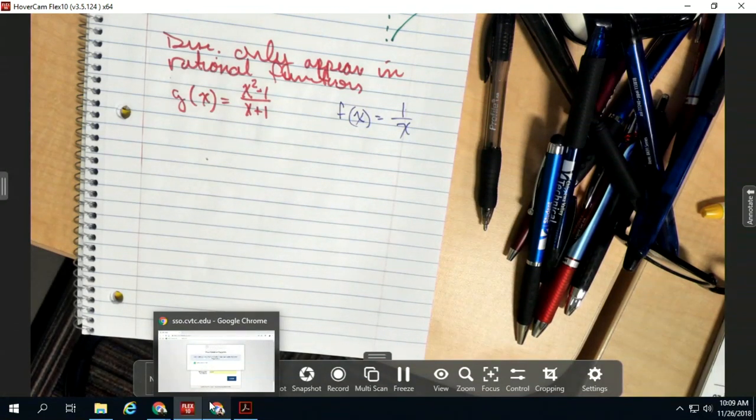Graph the function g of x equals x squared minus 1 over x plus 1 using technology.